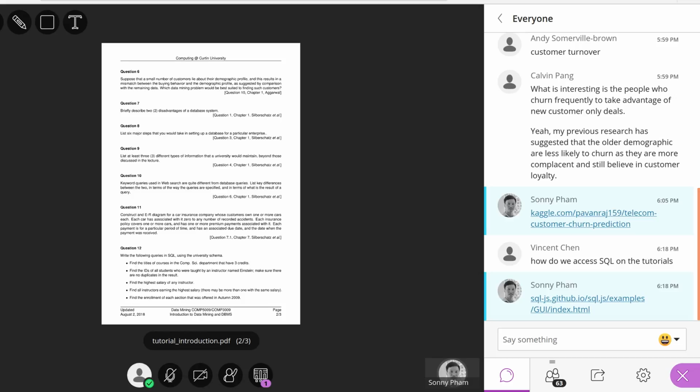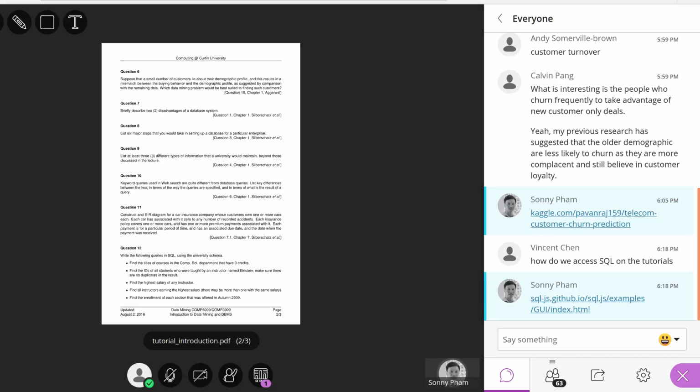Describe 2 disadvantages of a database system. This is question 1 from chapter 1 of the textbook, database management system. So I think about a database system, even though it is good, right? It's secure, it's solid, it has lots and lots of advantages.